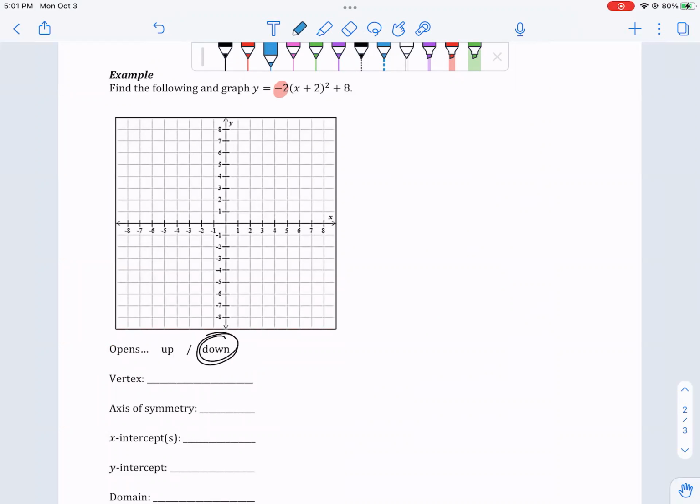The vertex. Our h value is negative 2. Our k value is 8. So our vertex is at negative 2, 8. There's my vertex there. The axis of symmetry goes straight through my vertex vertically.